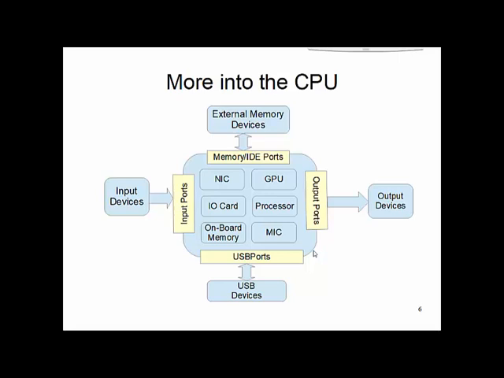That device can be an input device, an output device, an external memory device, and so on and so forth. So USB is a very special port which gives a generic way of connecting any kind of device.